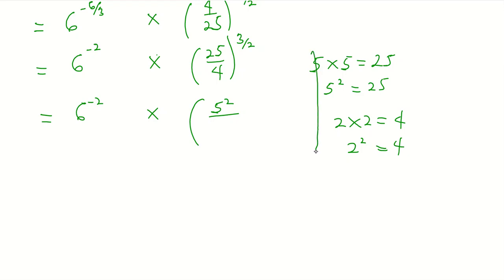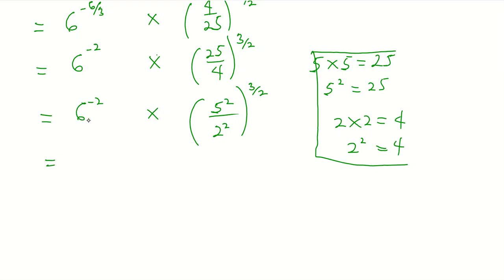And so at this point we have 2 squared exponent 3 out of 2. Now having gotten this, we continue with our solution.